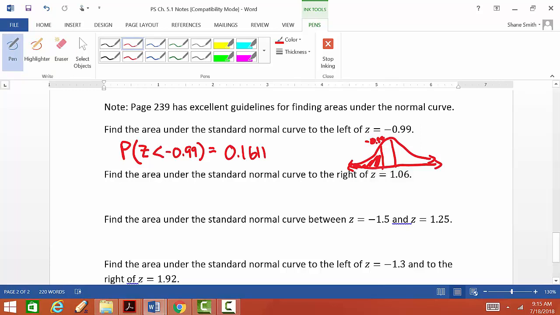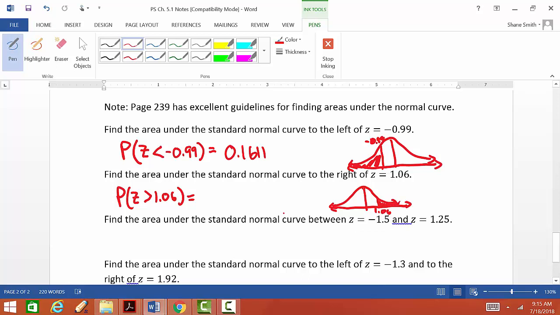Now the next one is a little bit different. It's to the right. So we want to find the probability that z is now, because it's to the right, greater than 1.06. Well, let me draw this out for you. This is 0, 1.06 is like here, and we want the area to the right.